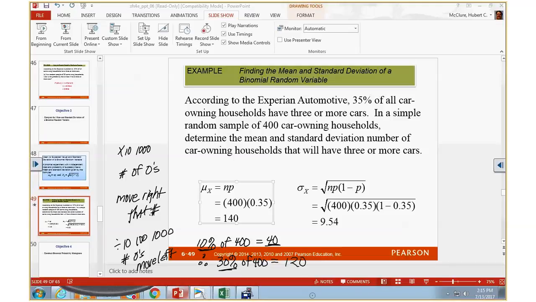And then what is 5%? Well, if 10% of 400 is 40, what's 5%? 20. So the answer is 40.